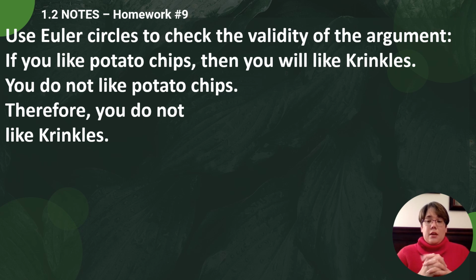Now notice there was all, no, or some. I look at this and I see if you like, then you like. I don't see all, I don't see no, and I don't see some.